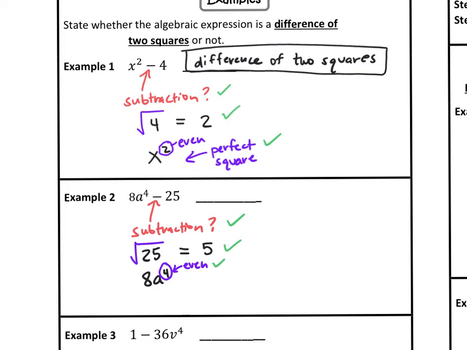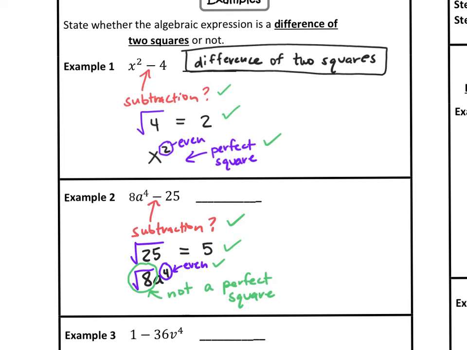But can I take the square root of 8, because there's a number there? Can I take the square root of 8 and get a whole number? And so I would say this is not a perfect square.